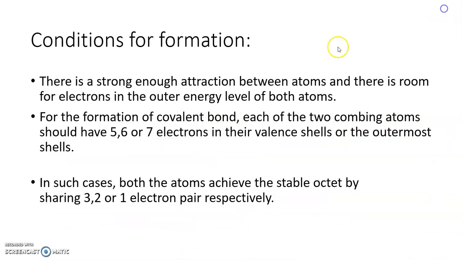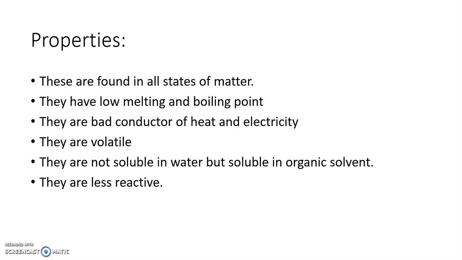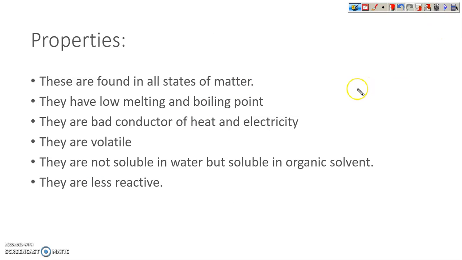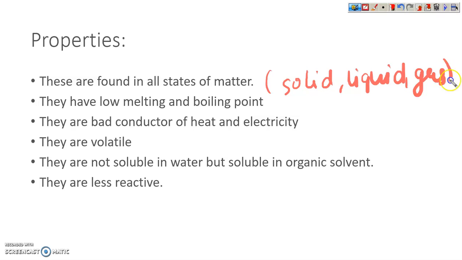So moving on to the next point. Now we'll discuss the properties of covalent bonds. They're found in all states of matter, meaning solid, liquid, and gas. They're found in all states because of the weak force of attraction. I will write it here for the first point: weak force of attraction.